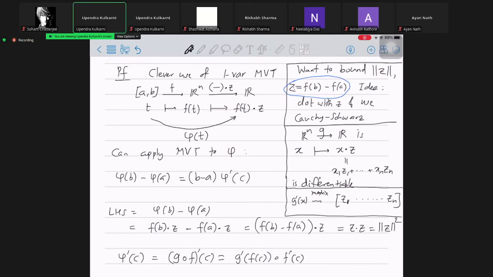Notice, does this matrix depend on x? No, it doesn't matter whichever x it is. The matrix is the same. This is just saying that the derivative of a linear function is constant. It's the constant matrix. But this can be seen in so many different ways, and they're all really the same.